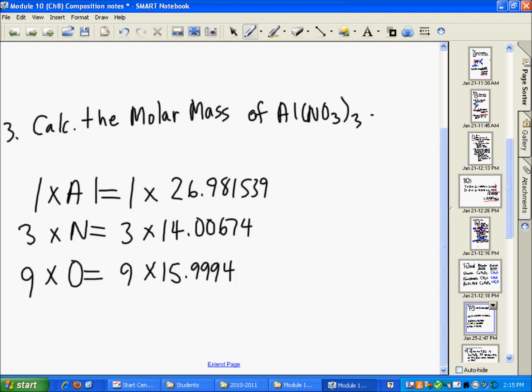So it should be 9 times 15.9994. So calculate all those out for me. The top one is just 26.981539. And calculate the other two for me.